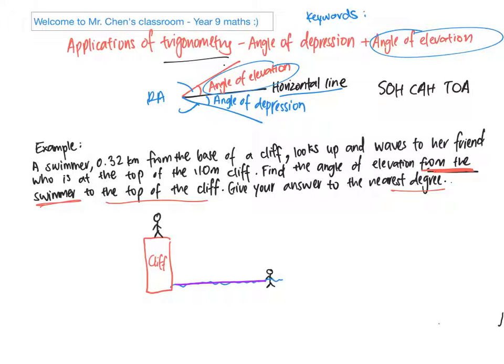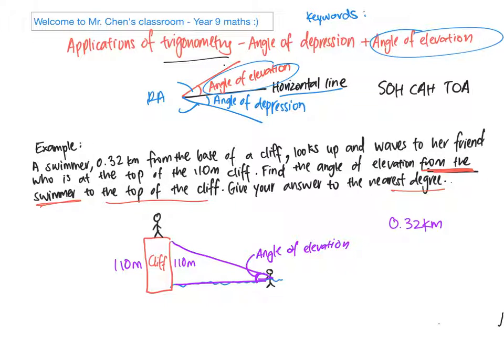We have to search for this angle. It is our angle of elevation, because she is actually looking up to her friends who is 110 meters above, at the top of the cliff, and we know that the swimmer is actually 0.2 km from the base of the cliff.